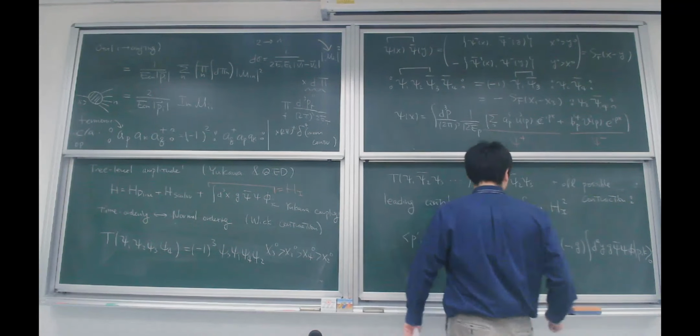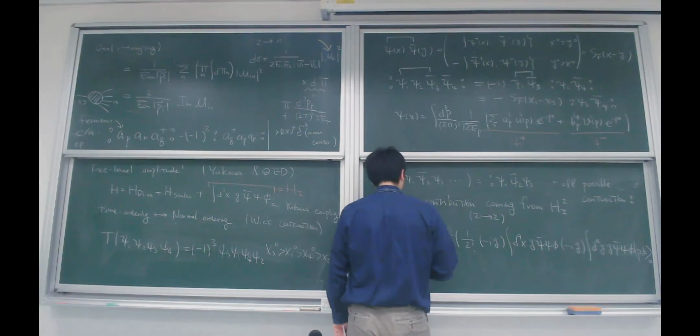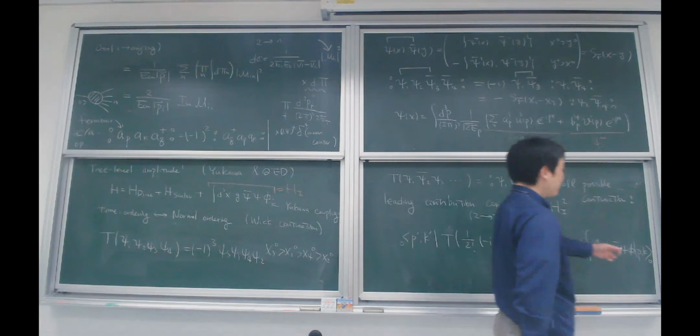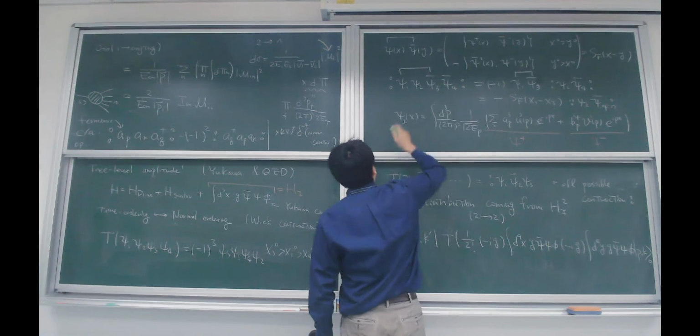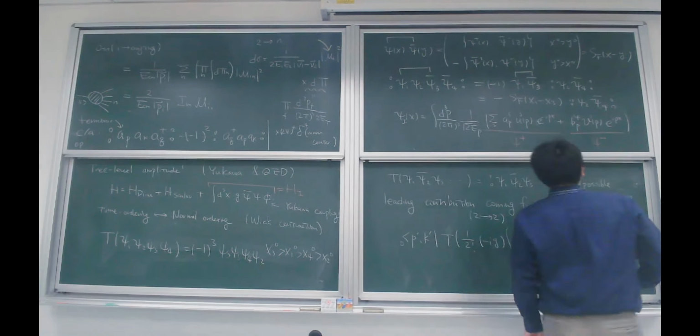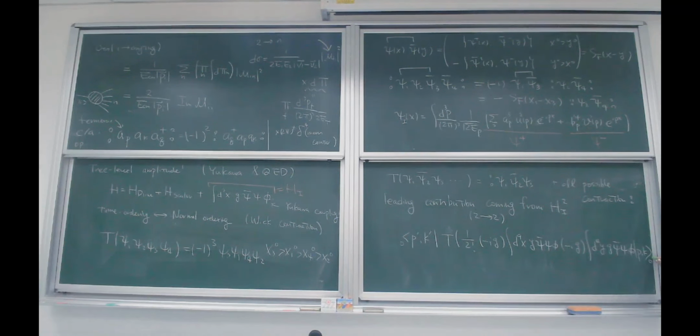Okay, so this time, 0 means the vacuum of the free theory. And p k is really, this is essentially the interaction operator, interaction picture. And this p and k is created by whatever.